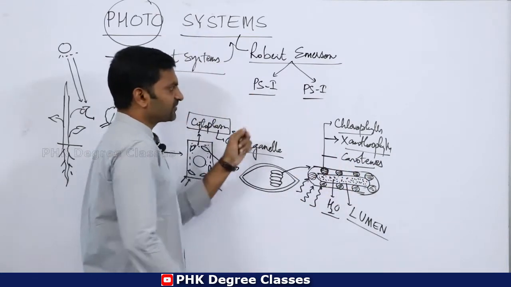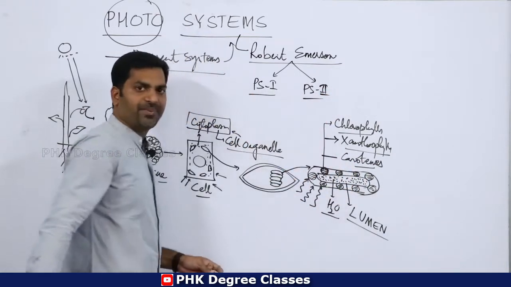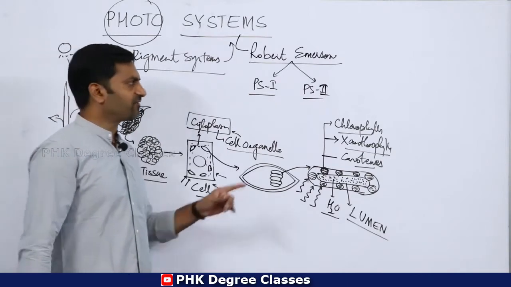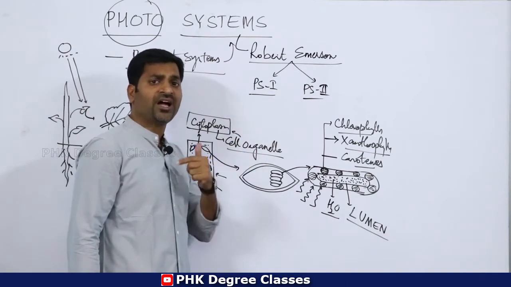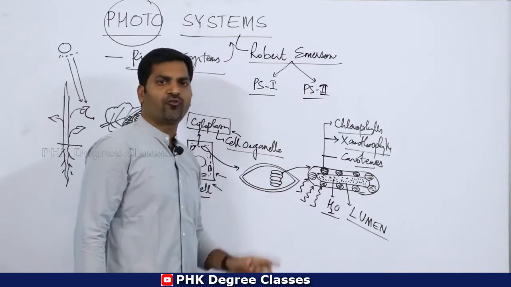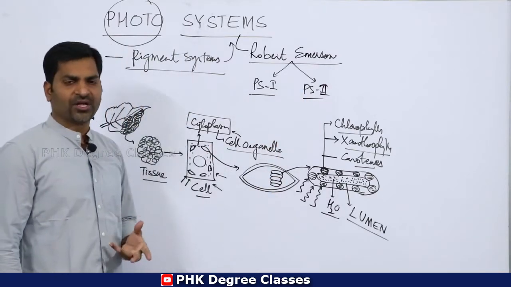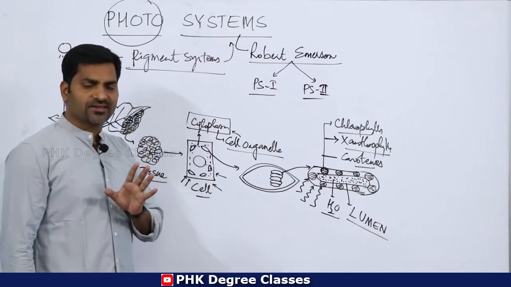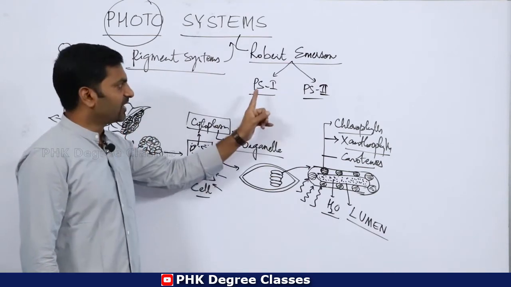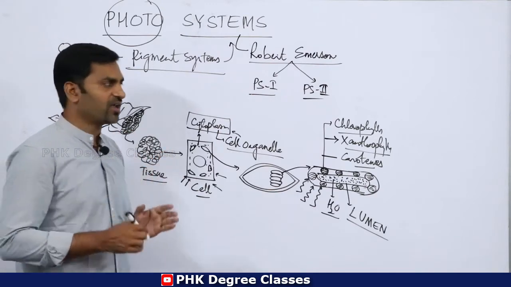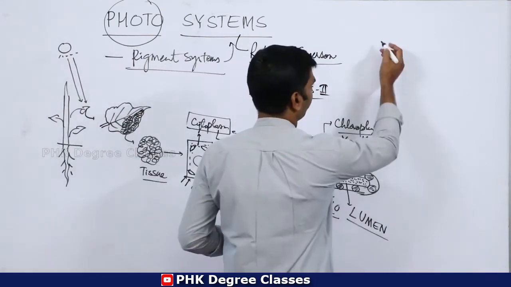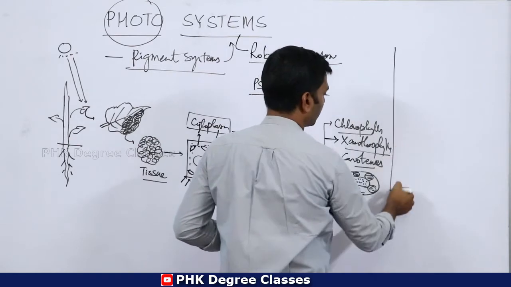One is PS1 and the second one is PS2. PS stands for what? Photosystem, or pigment system 1, and pigment system or photosystem 2. Clear? Now we are going to see the complete differences between these two systems. Now I want to tabulate the information for clear understanding.